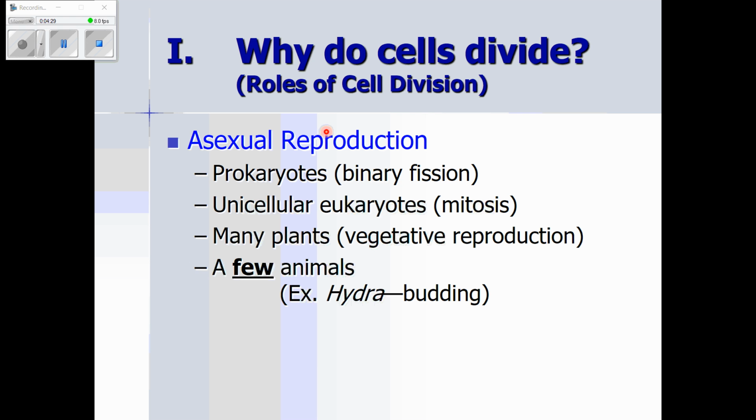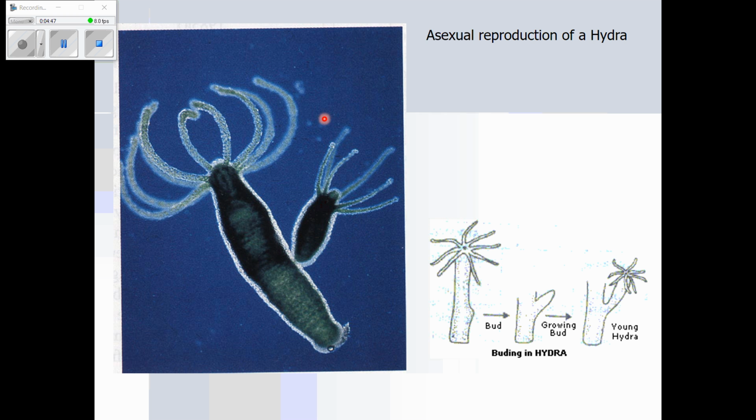Now, asexual reproduction is quite rare in the animal kingdom, but I did want to show you one example of an animal that can use cell division to accomplish asexual reproduction. Again, this is very unusual for animals, but this photo here shows a hydra, an adult hydra.